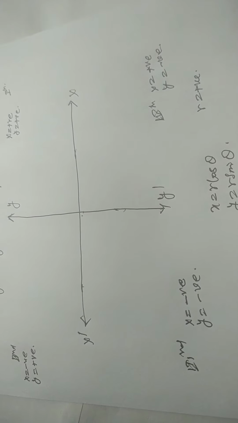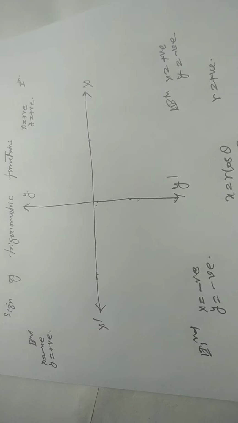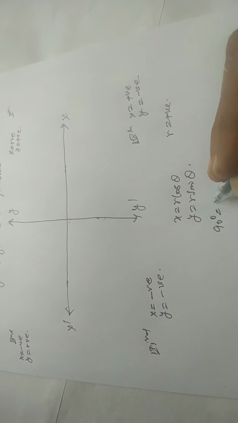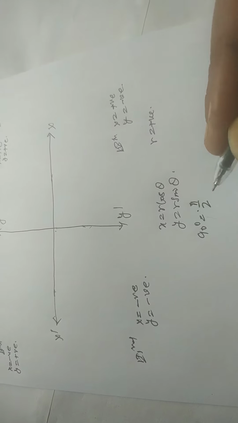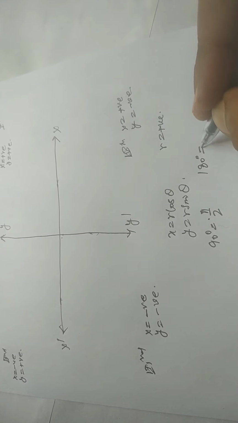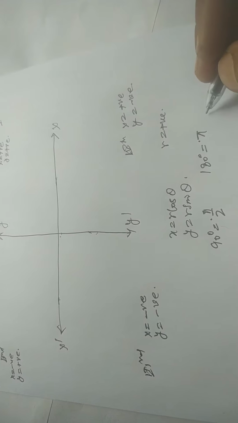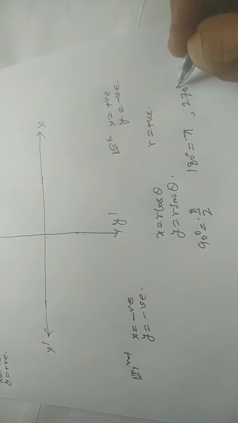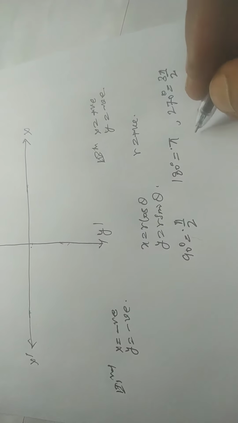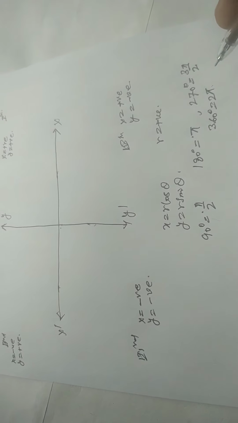Just check the sign of these trigonometric identities in different quadrants. 90 degree is equal to pi by 2 in radian, 180 degree is equal to pi, 270 degree is 3 pi by 2, and 360 degree is equal to 2 pi, right?